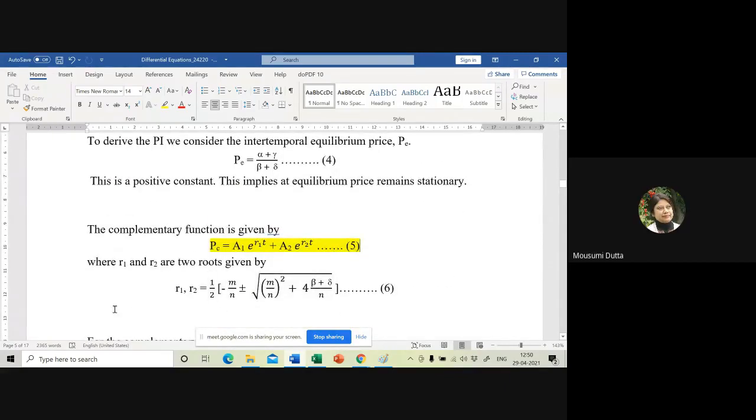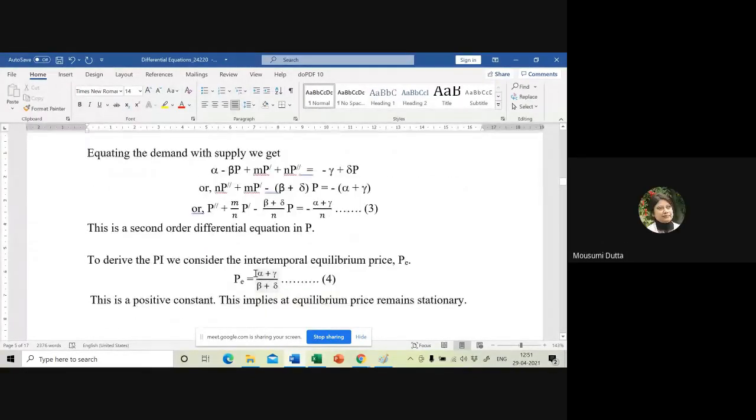So, before going further, would you please write down the structure of the time path? Okay, PT.